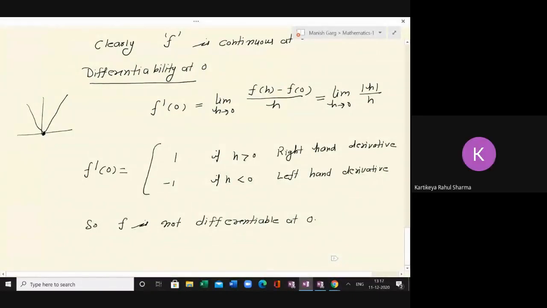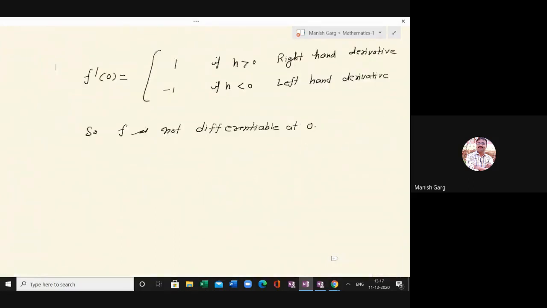By graph, you can show this is continuous, and I agree with you that if there is no smoothness, it is not differentiable. But in this course, you need to prove that. If there is a cone, then the function is always not differentiable. Now example 2.